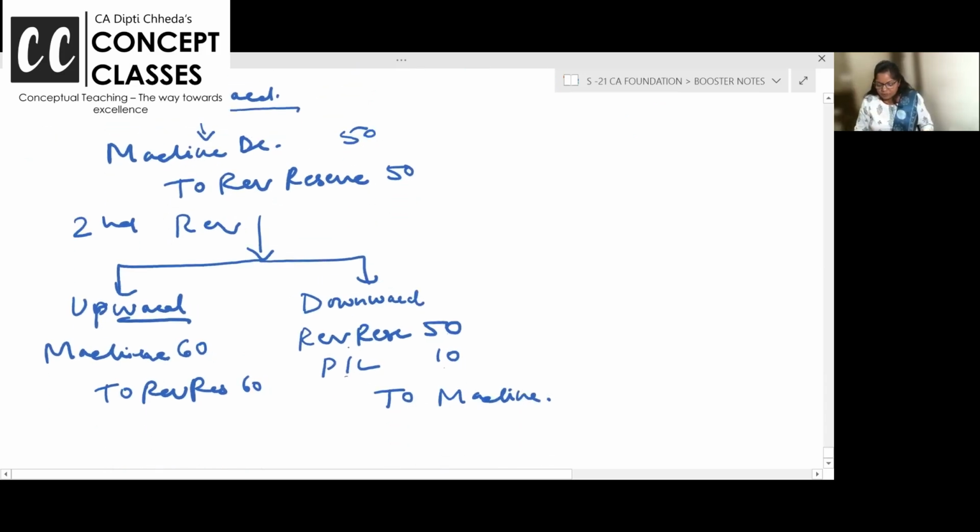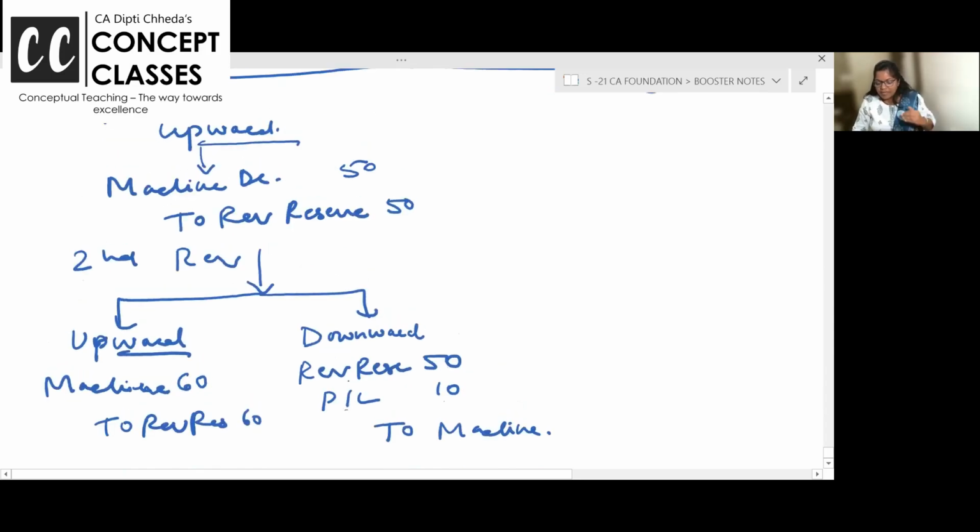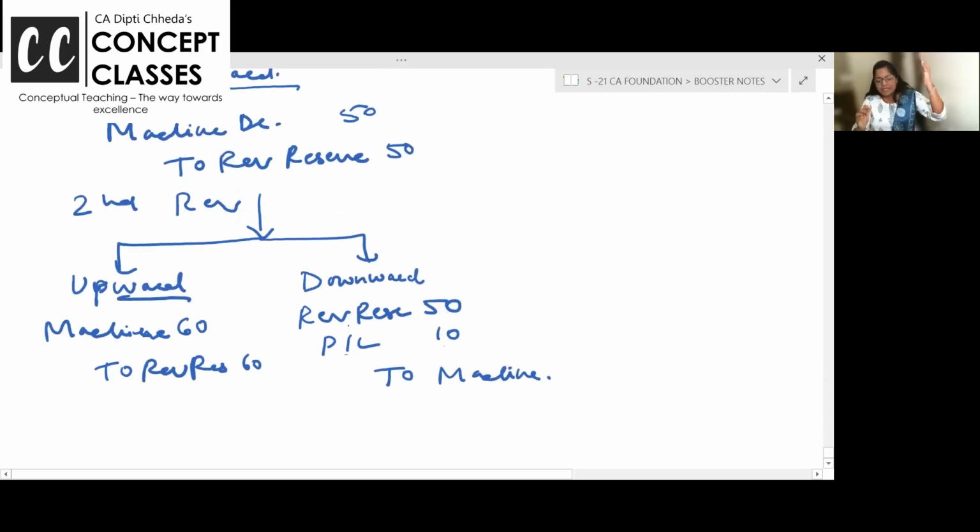So now, first, you have done upward revaluation, revaluation reserve 50. Again, you did upward, machine to revaluation. If you do downward, it should go to P&L and the machinery's value should reduce by 60 because it is going downward. But don't put everything, 60, to P&L account.